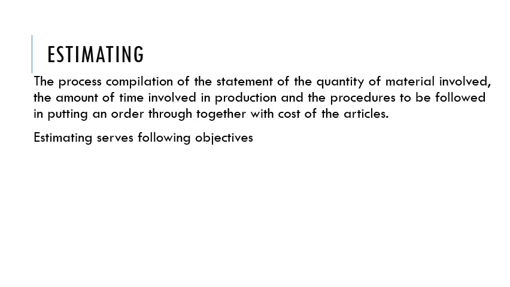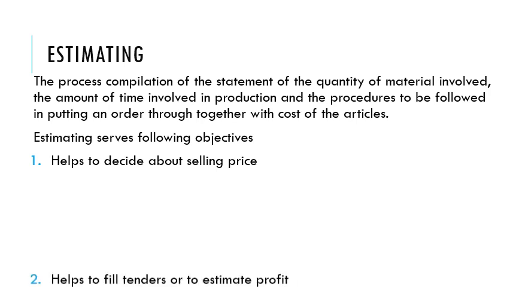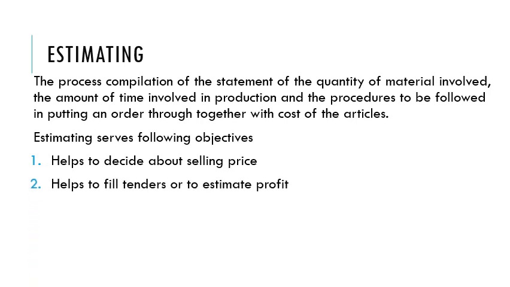and it serves many objectives like decide about the selling price, because it's one of the steps towards setting the selling price, as DMC is a part of selling price, and helps to fill tenders or to estimate profit. Tenders are to be called, and to complete a particular work, some subcontracting has to be done.